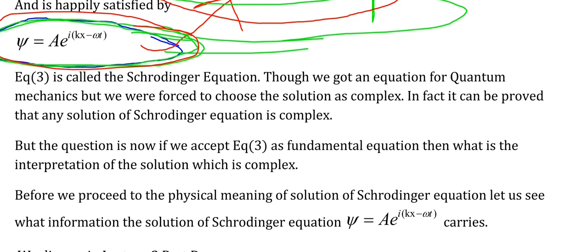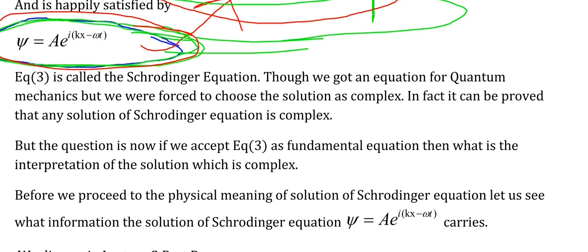So one problem is, what is the physical meaning of this complex function that is defining the electron? Clearly, if you are using a complex function to define the electron, it is completely crystal clear that this wave function is not your typical wave function that you have studied in your high school.